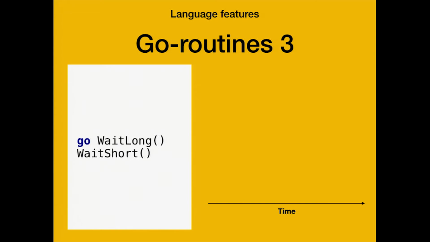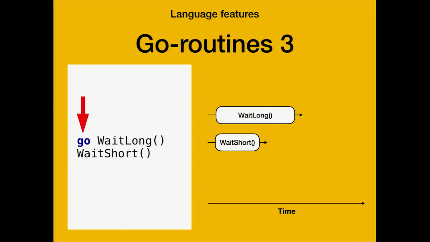If you add this little keyword here, the Go keyword, that's it. It's that little word. You start the wait long function, but it branches off in a separate path of your application in a thread, and if resources are available, it will go to a separate routine, and the wait short function can then run in parallel or potential parallel.